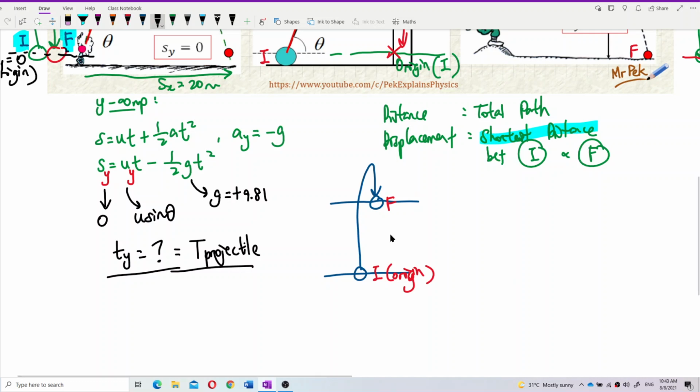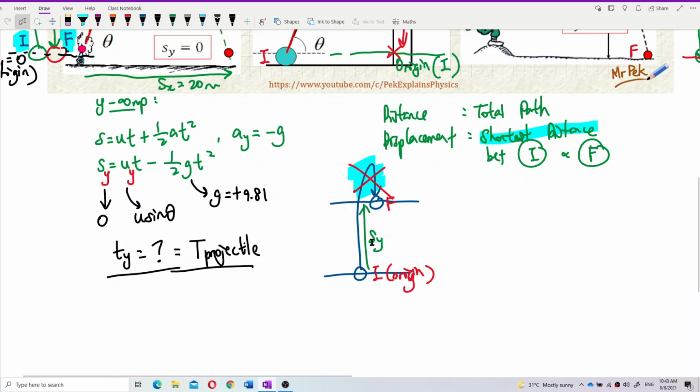So Sy is this one. For this part, it still goes up some more and comes down. This part is not in the Sy. Sy only takes the shortest distance between the initial level and final level. This is the Sy.